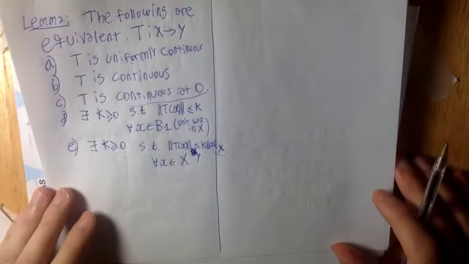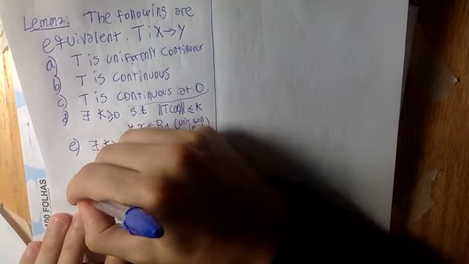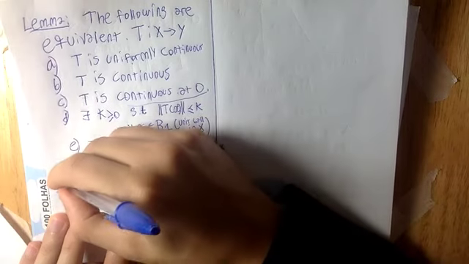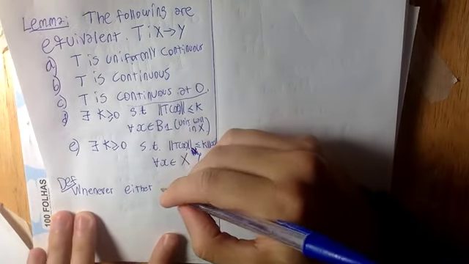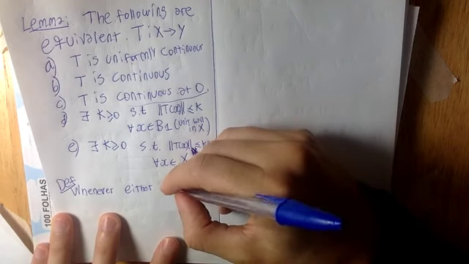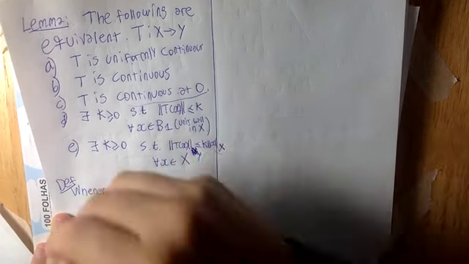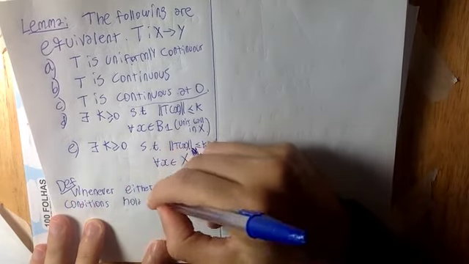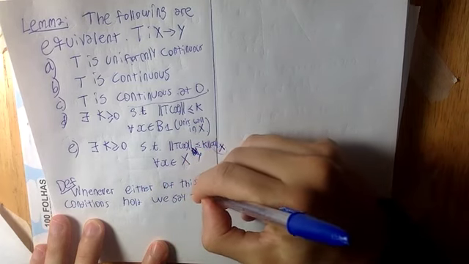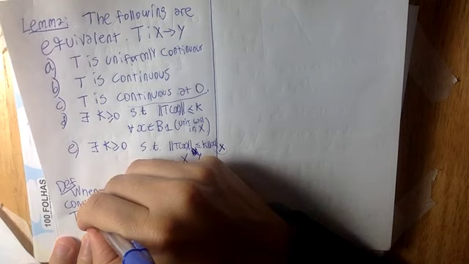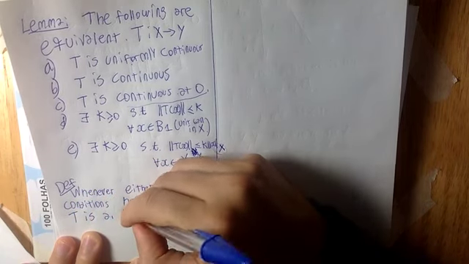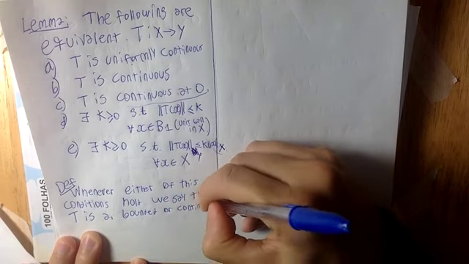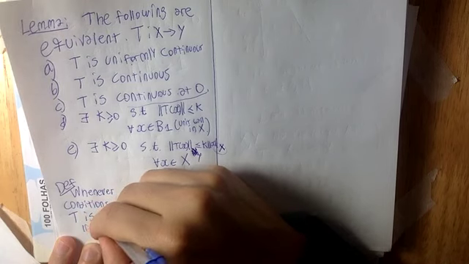Okay, and before we give the proof, this would be a definition: whenever either of these conditions hold, we say that T is a bounded or continuous linear operator.